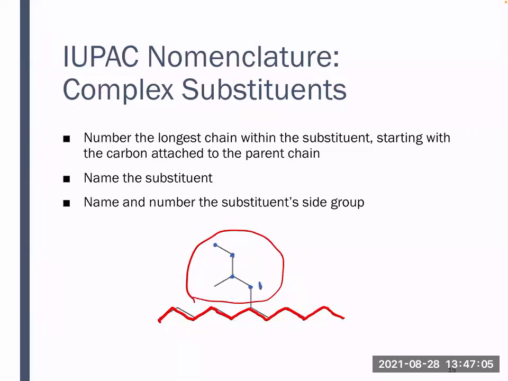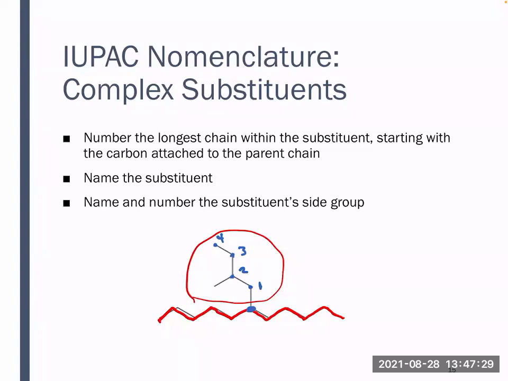Carbon number 1 will always be the carbon attached to the parent chain. And then you just number the longest chain in the substituent from there. But it's important, again, you're 1, numbering the longest chain in the substituent, and 2, carbon 1 is the carbon attached to the main parent chain of the molecule.